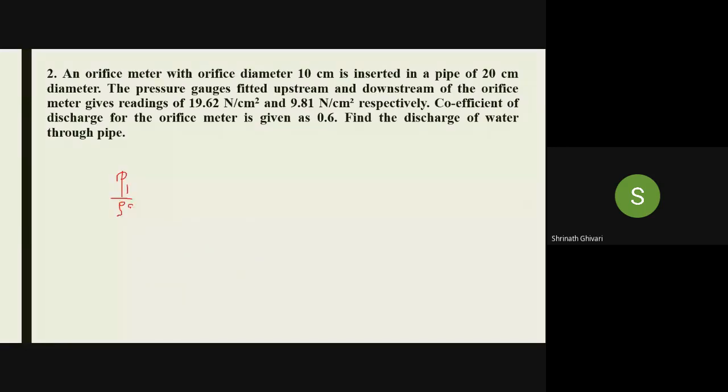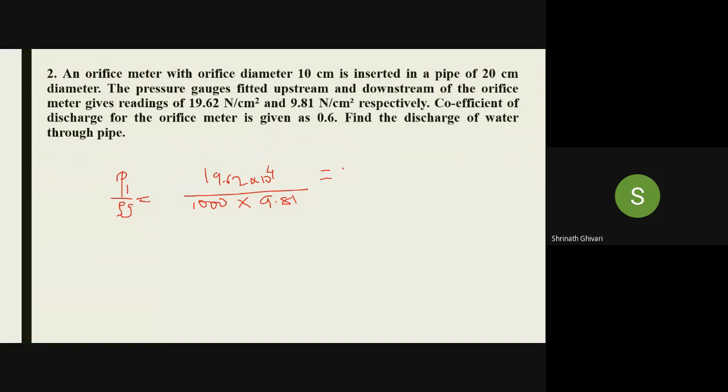P1 by rho G equal to, P1 is how much? 19.62 into 10 raised to 4 divided by rho G, which is 1000 into 9.81. Calculate what is the answer. First you calculate A0 and A1 using the diameters. How much did you get for A0? A0 is pi by 4 into 10 square, 78.53 centimeter square.